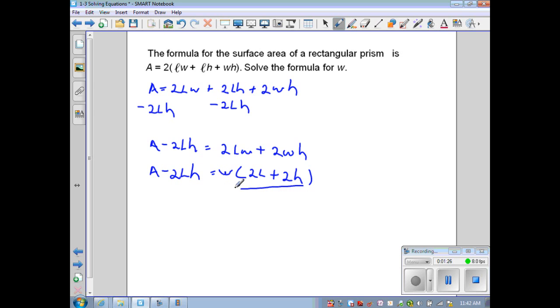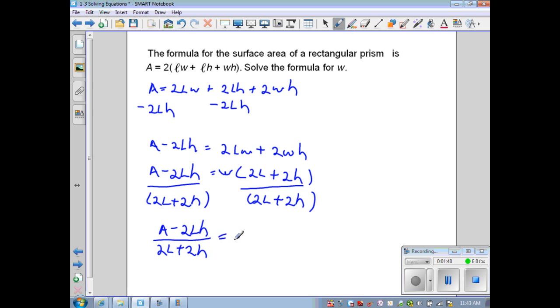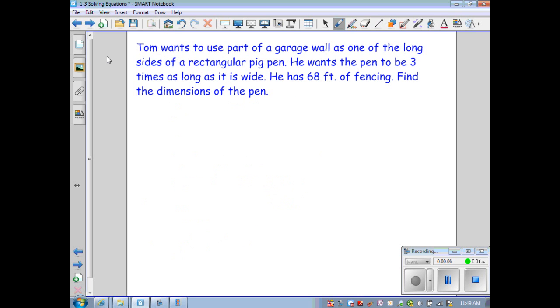What's multiplying my W is my quantity of 2L plus 2H, so I can just divide by that. And that gives me A minus 2LH over 2L plus 2H, and that equals W. Our next problem.